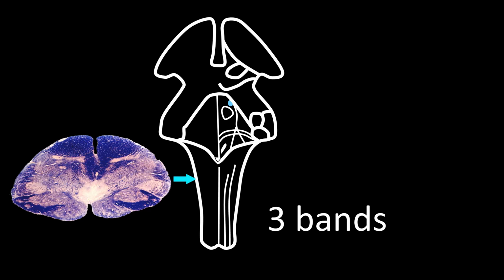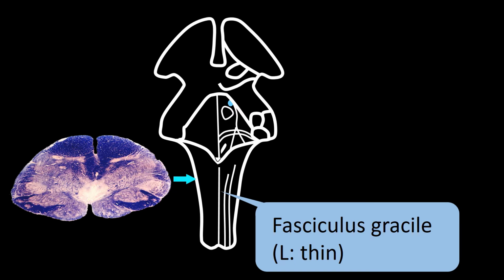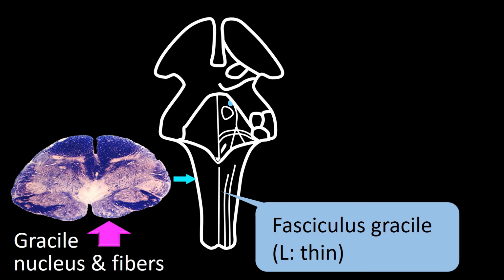I have now introduced a transverse cut at the indicated level to show you a different perspective of these bands. The most medial of the bands is the fasciculus gracilis, which I am now indicating. Notice that at this level, few fibers are present.